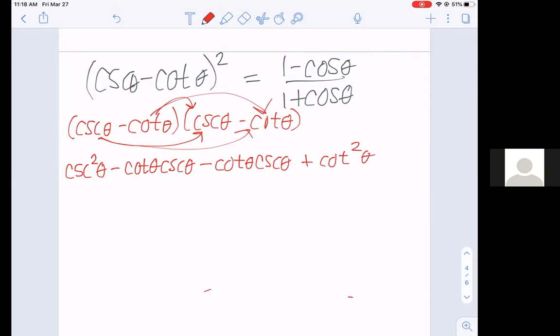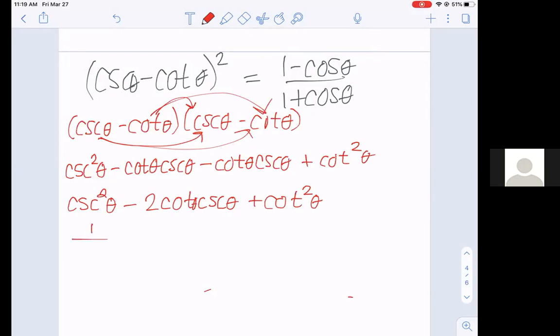All right, my middle two terms do not cancel out here. Since they're the same, I'm gonna go ahead and combine them. Minus 2 cotangent cosecant plus cotangent squared theta. Okay, and I'm going to change everything that's not sine and cosine into sine and cosine.